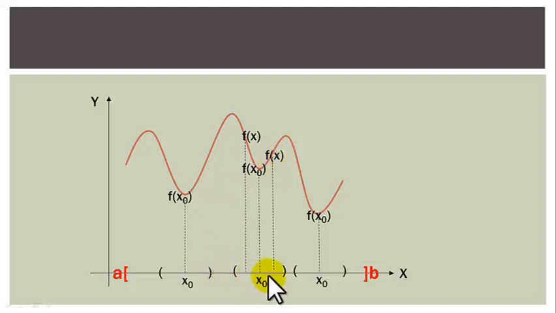So the point x0 is a local minimum point if f of x0 is less than or equal to f of x. As you can see, this point is less than this point, it is also less than this point. The same thing is applicable to this other point and to this other point. So these 3 points are all local minimum points.